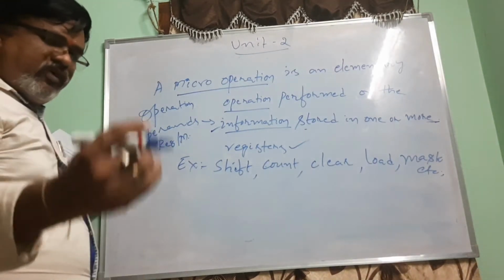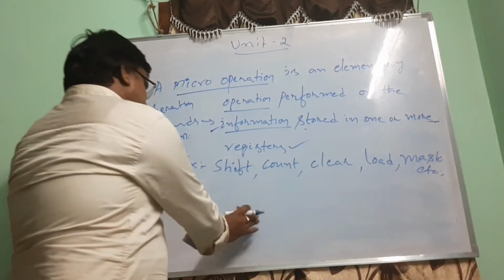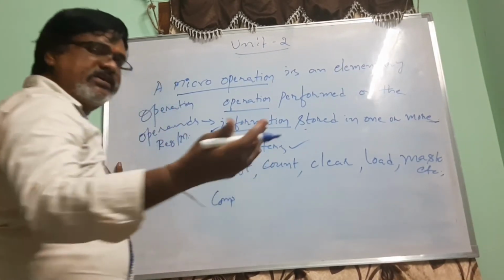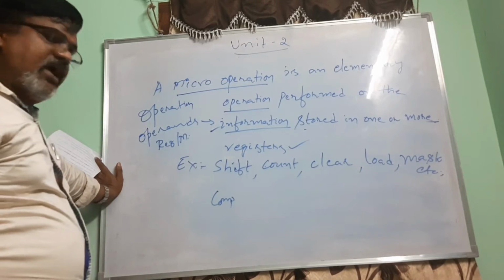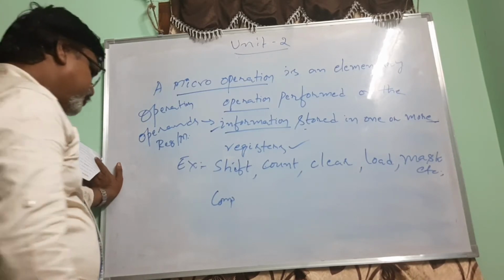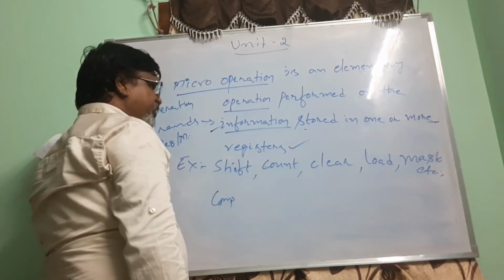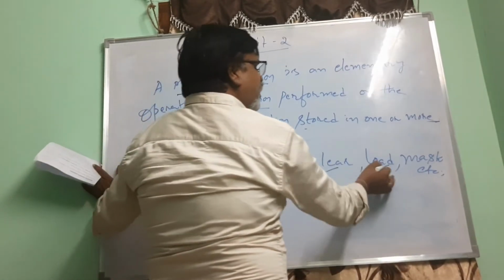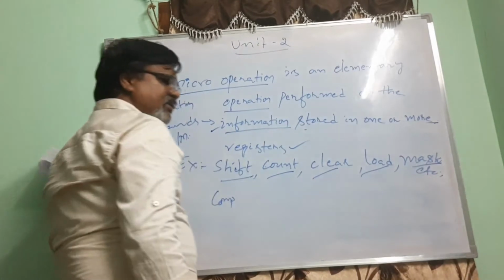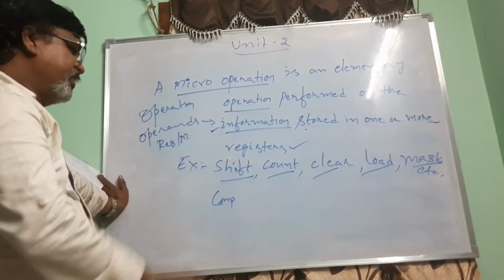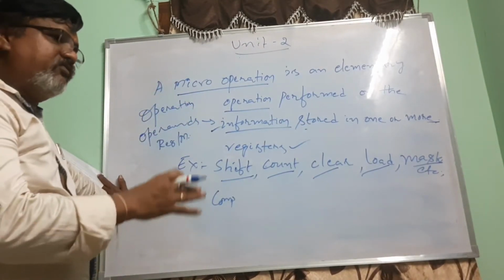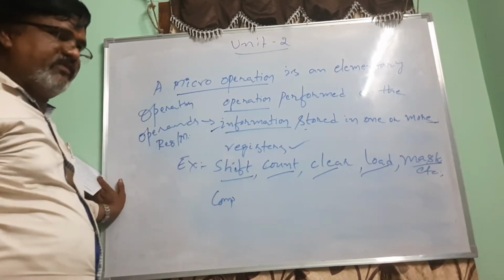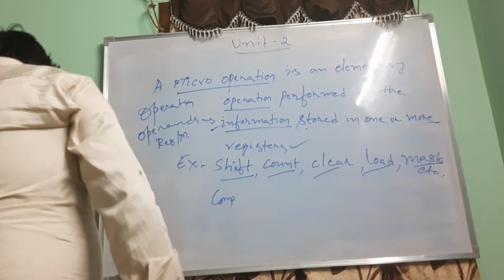Previously, for a one-register operation we took the example of complementing, and for a two-register operation we took addition. Some examples of micro operations are shift, count, clear, load, mask, etc. There are different types of micro operations which we are going to learn in the sequence of classes for this unit.